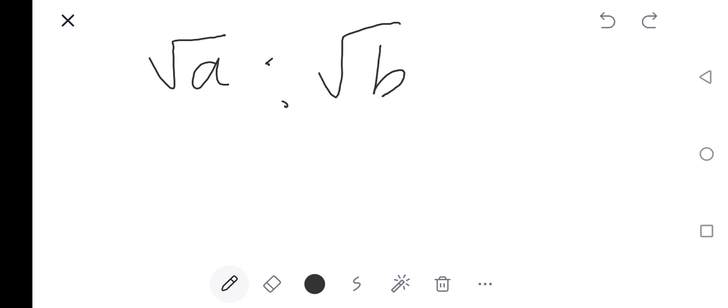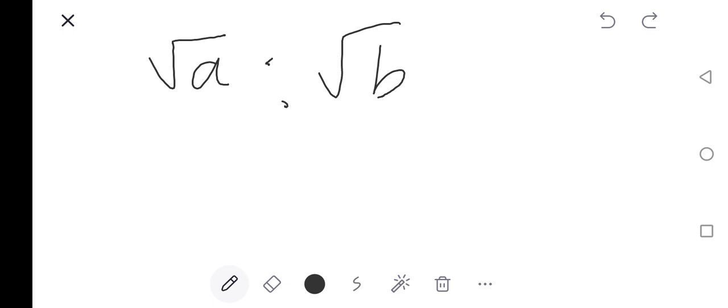Volume is A cubed ratio B cubed. But if they bring area and then ask you to find sides, you say root of that number and root of the other number.